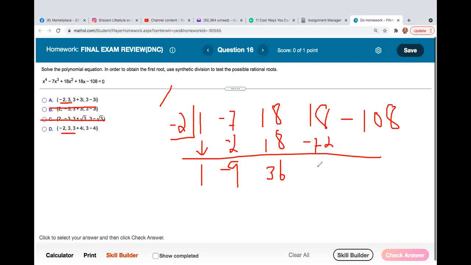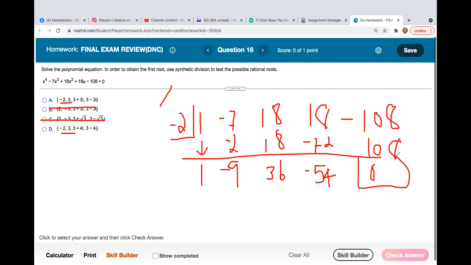We're going to add those two together and we get -54. You guys check me on that. And -54 times -2 is positive 108. So that's going to give us 0, guys. We expected that because -2 is a 0 of the polynomial.